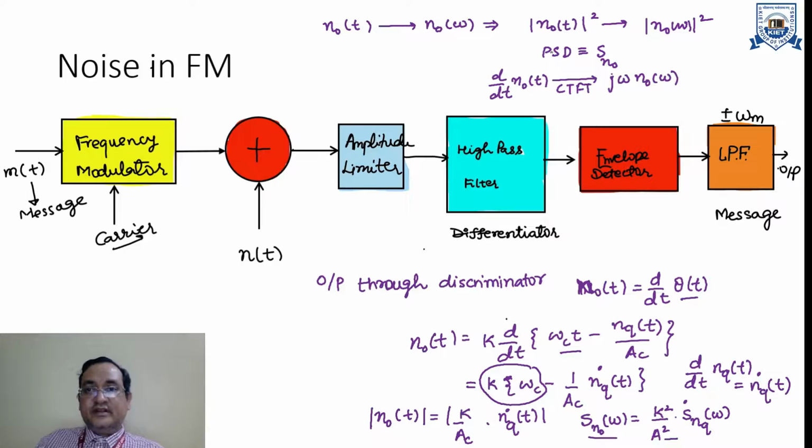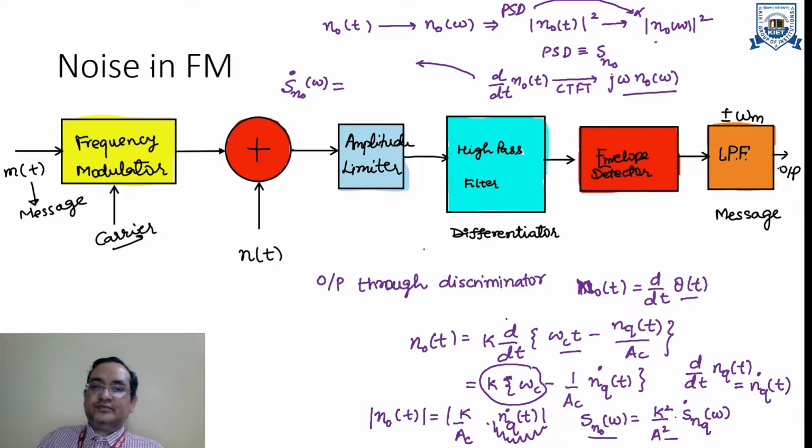So the power spectral density for this case, because PSD is proportional to this expression, I can mention from this expression that I am just calculating the power spectral density of the derivative. So n_Q dot t's power spectral density is S_no dot(omega), which will be equal to the magnitude of this, because PSD is directly proportional to mod of N_o(omega) whole square.